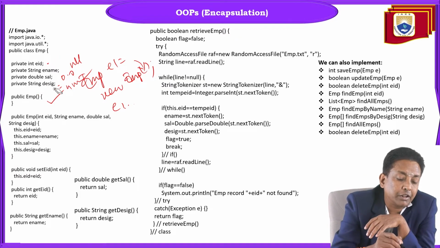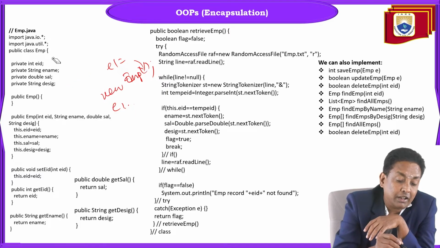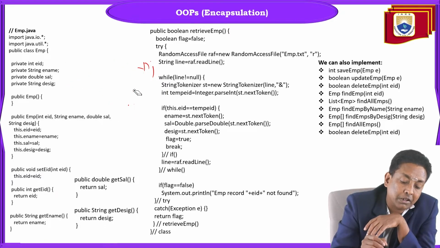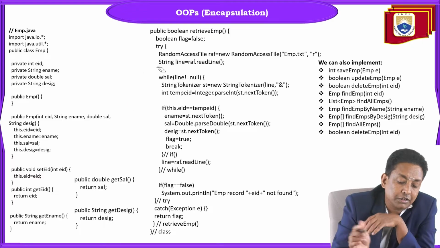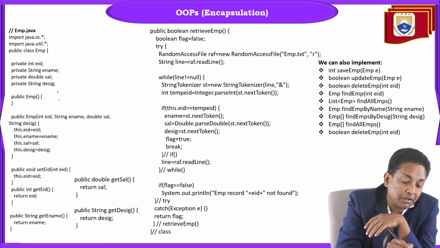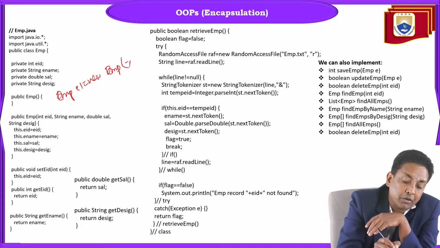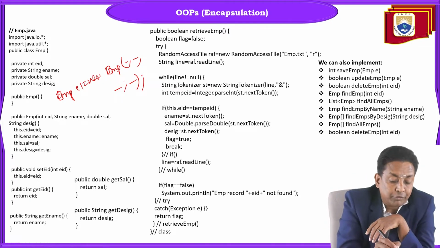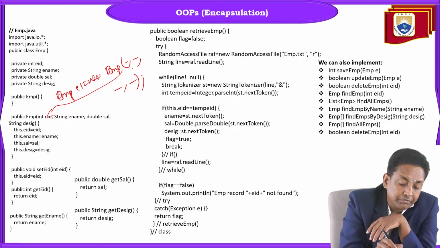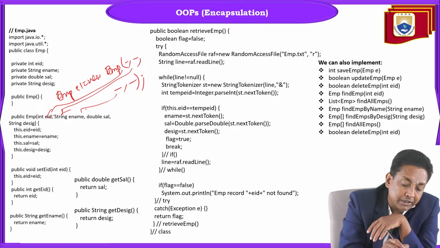Suppose you write the employee class with a four parameter constructor. If I want to create an employee object, Employee e1 is equal to new Employee of, I can pass ID, employee name, salary, designation, four arguments. Each argument will be assigned to one class instance variable.